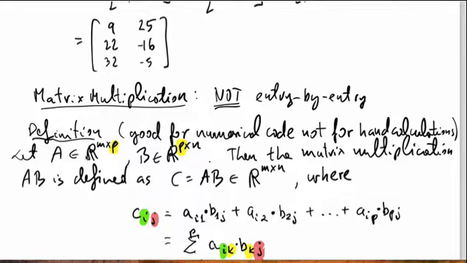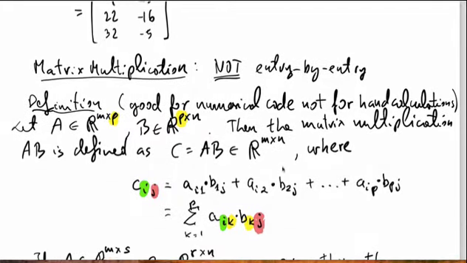So if A is an M by P matrix and B is a P by N matrix, which means that the number of columns in the first and the number of rows in the second are the same, then the matrix multiplication A times B is defined, and it's defined as a matrix C, which has size M by N, the number of rows coming from the first matrix and the number of columns from the second matrix.